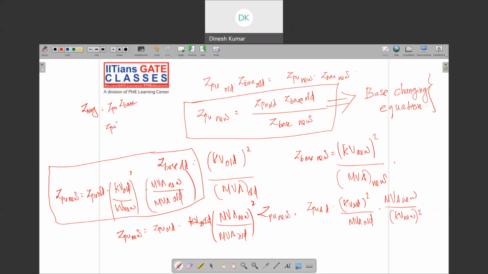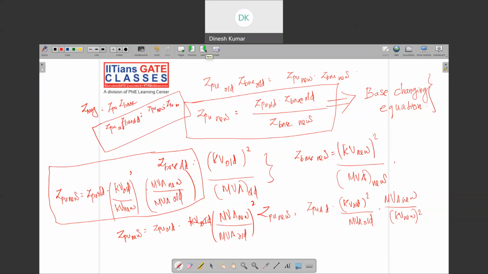So Z per unit old into Z base old will be equal to Z per unit new into Z base new, right? So just remember this, and from there we can derive this. There is no point in mugging up these equations, because you will forget them after some time. So better that you understand these things. That is the best part, you can do this.